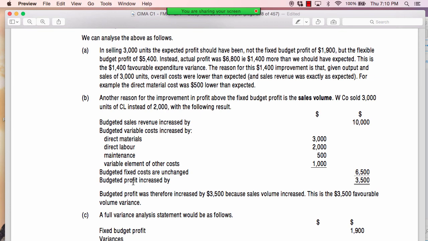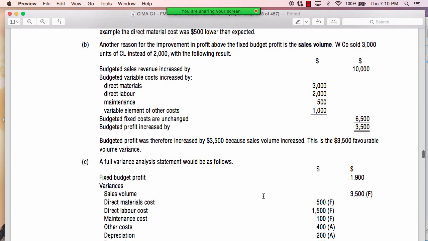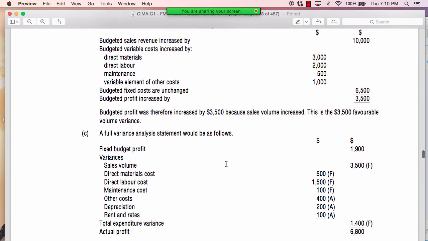Budgeted profit increased by 3,500. So the sales, this is 3,500 favorable, correct? We've got a favorable, and then we have here favorable as well as adverse variances. And a total expenditure variance, we have got a favorable.